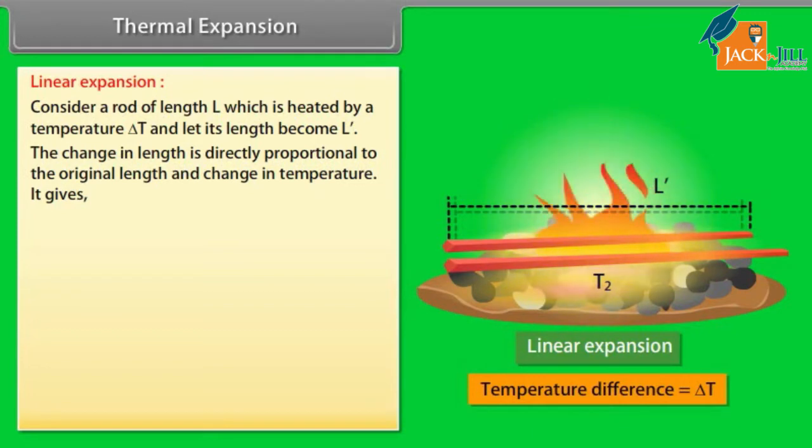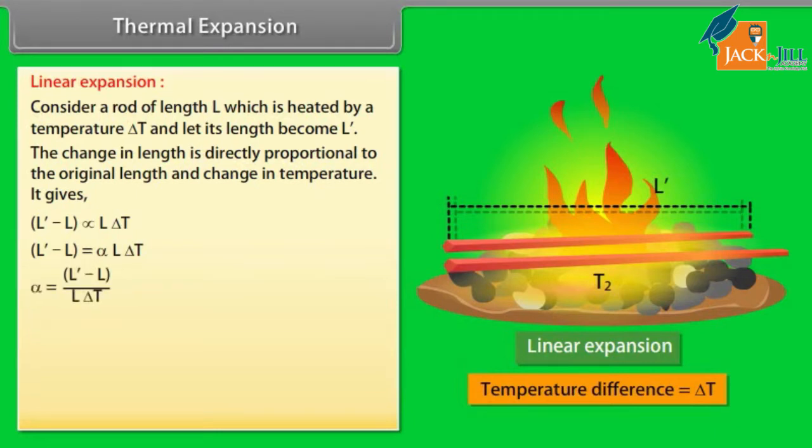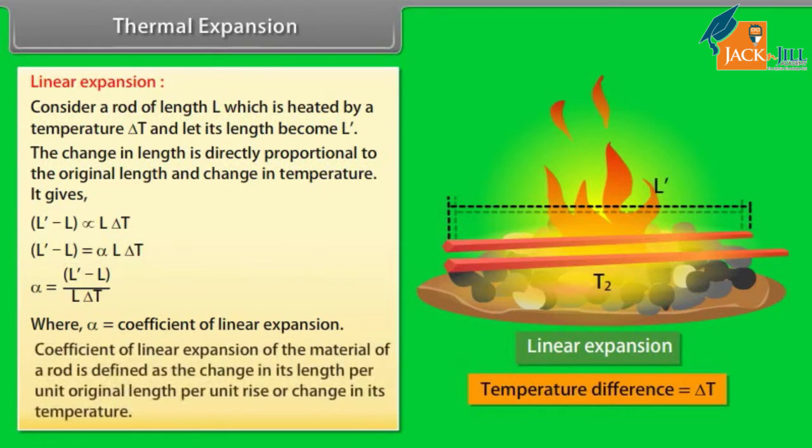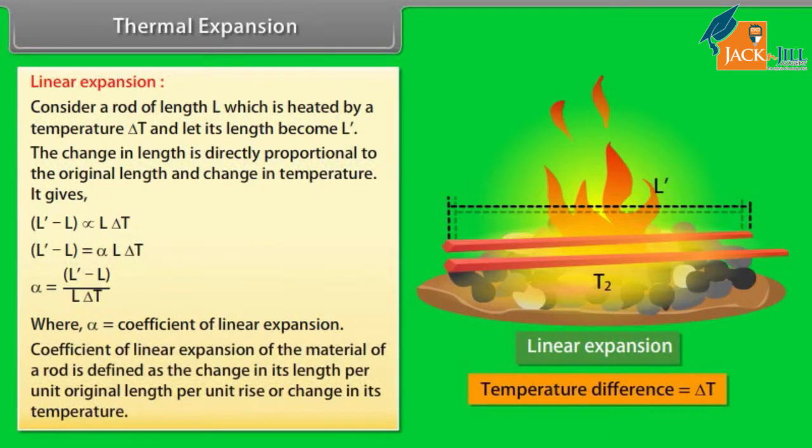It gives L' - L is directly proportional to L delta T, or L' - L = alpha L delta T. The value of alpha is equal to (L' - L)/(L delta T), where alpha is the coefficient of linear expansion. Coefficient of linear expansion of the material of a rod is defined as the change in its length per unit original length per unit rise in its temperature.